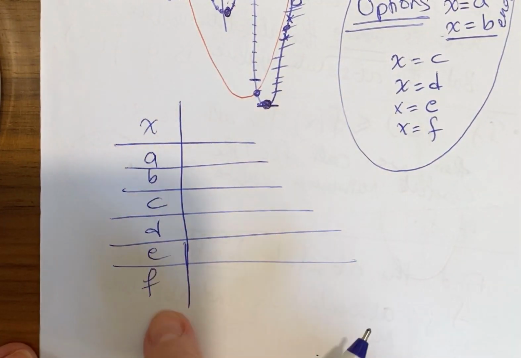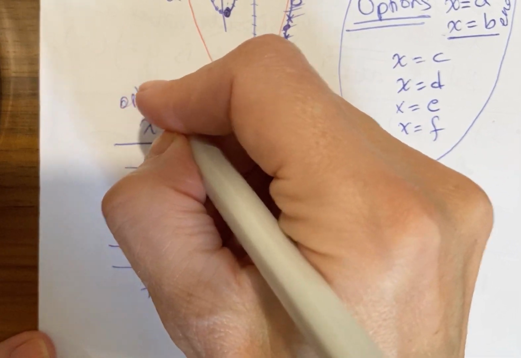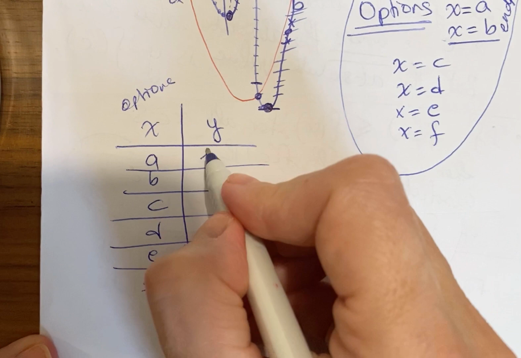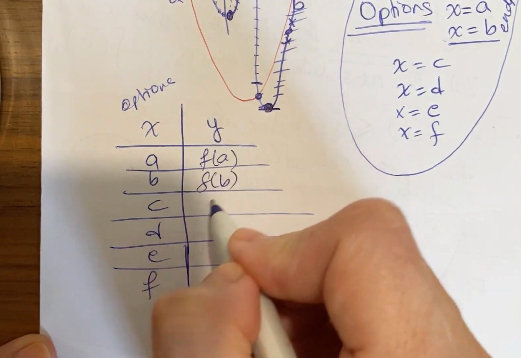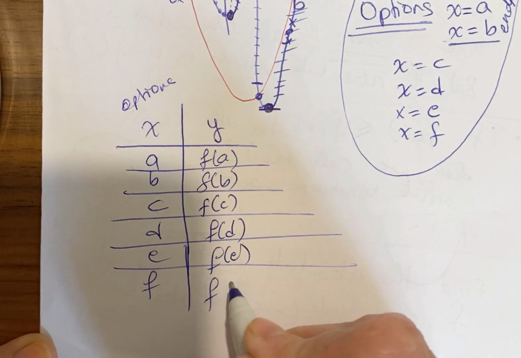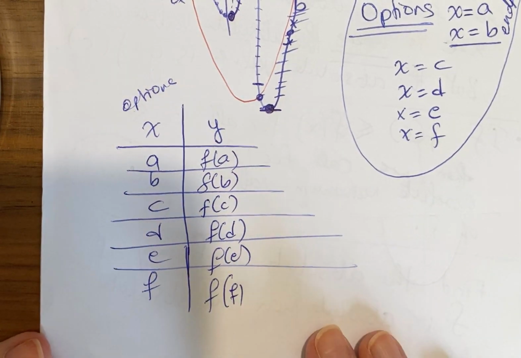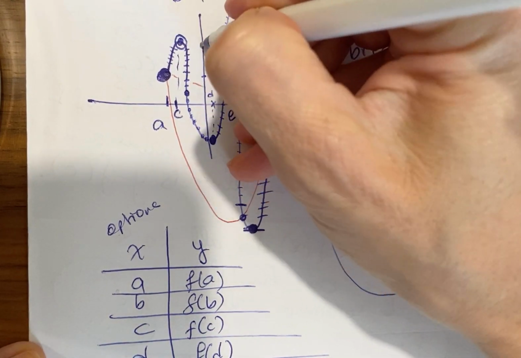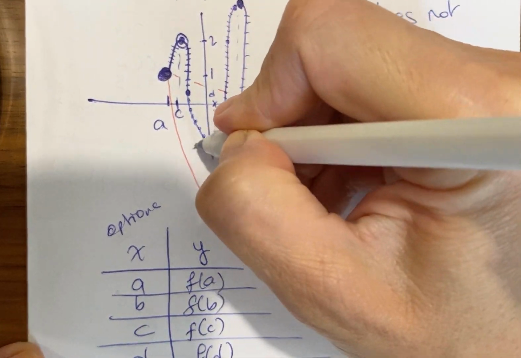All the values I got, all my options, I put them in the function. Then I find f of a, f at b, f at c, f at d, f at e, f at f. Let's assume here I put values.